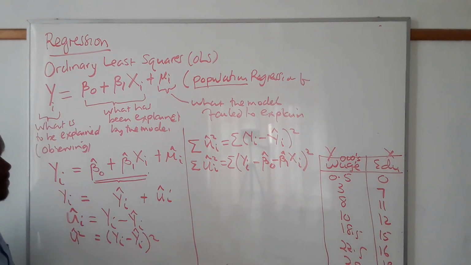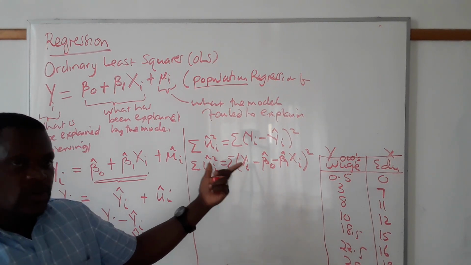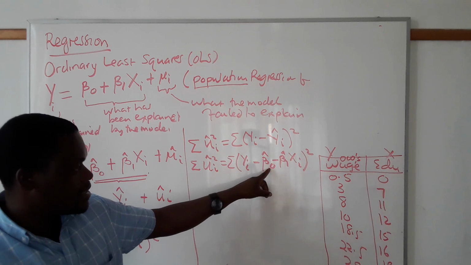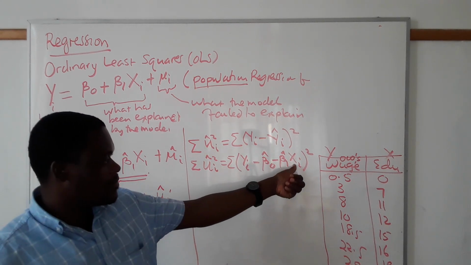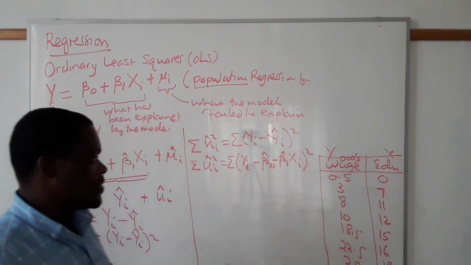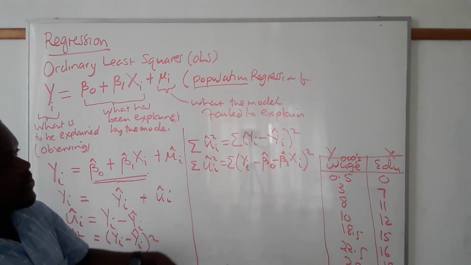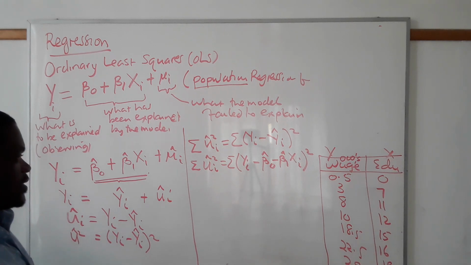As you can see, the only unknowns in this expression are beta 0 and beta 1. We know x because that's the data we have. We know y because that's the data we have. Do you see that? And of course, the residuals are generated by that relationship we would have estimated.